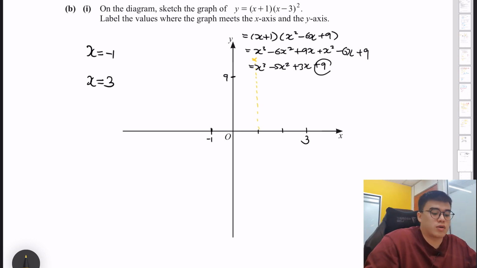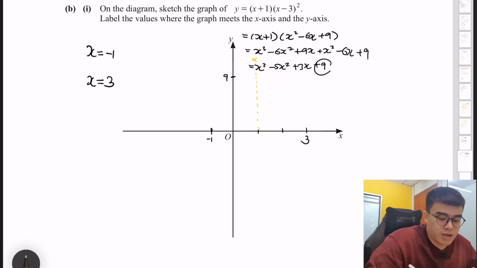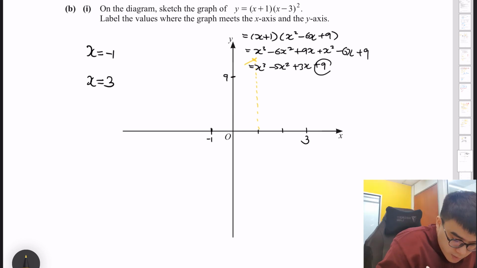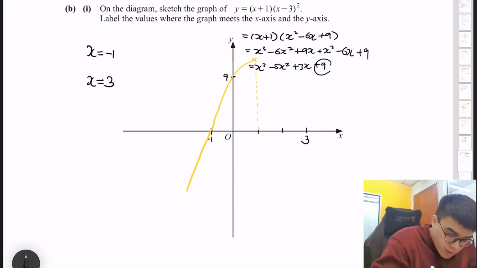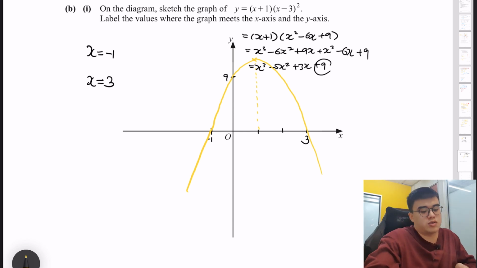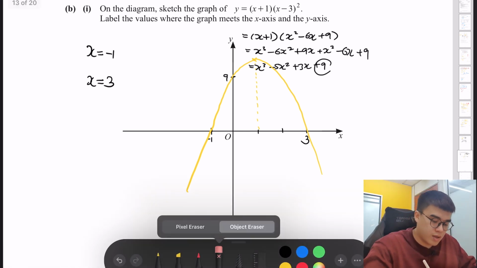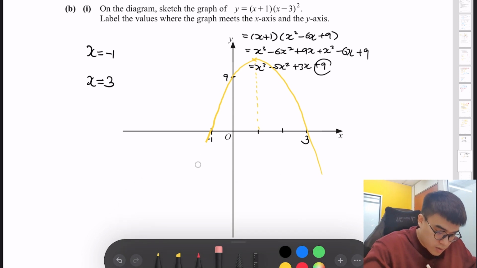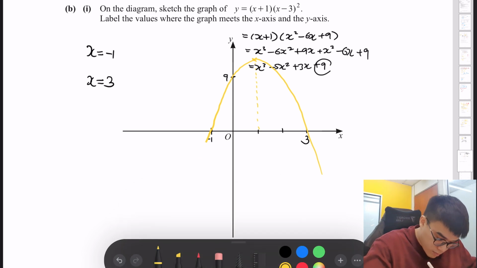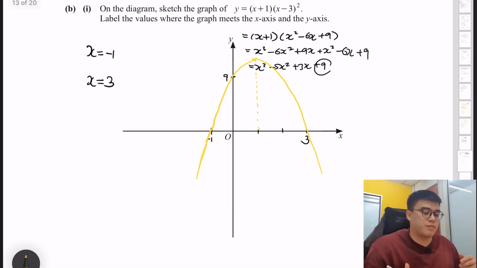When you draw the curve, it should look something like this. So this is the rough sketch that I will be using. Something like this basically.